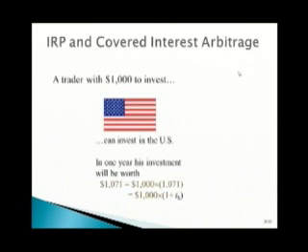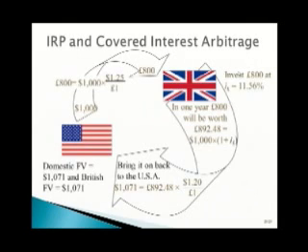Let's look at some pictures of this. So a trader with $1,000 to invest can invest in the U.S. In 1 year, his investment will be worth $1,071. Or we get this kind of lovely thing. You first take the $1,000 at an exchange rate of $1.25 per pound, and you get 800 pounds.